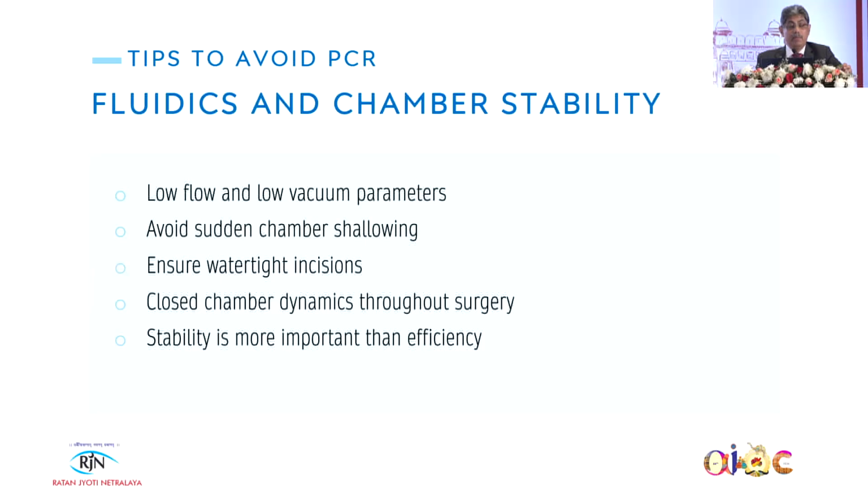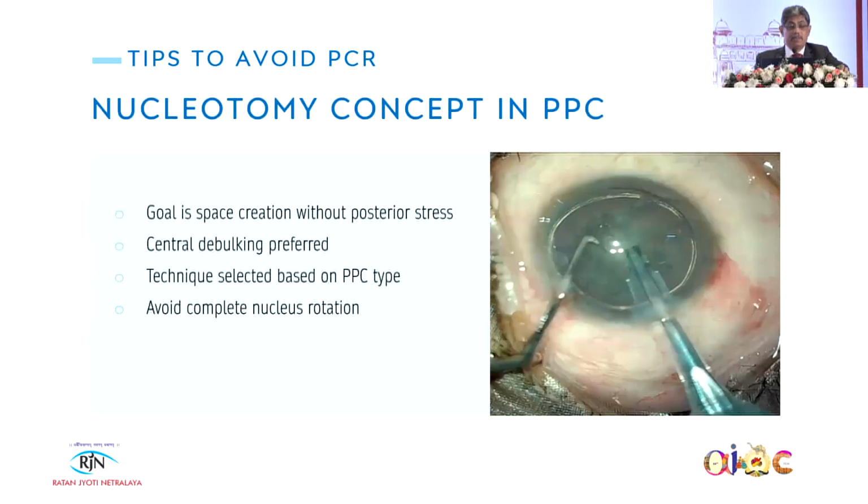Now we should keep low flow, low vacuum parameters and avoid sudden chamber shallowing. Always fill the chamber with viscoelastic before you remove the irrigation handpiece, and ensure watertight incisions that match your instrument, including the side port incision. Maintain closed chamber dynamics throughout the surgery. Stability is very important.